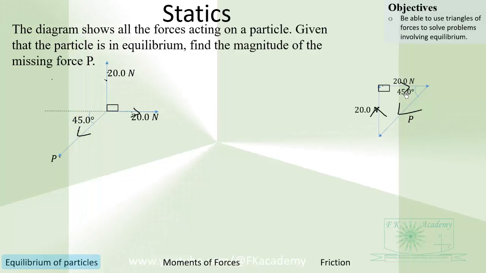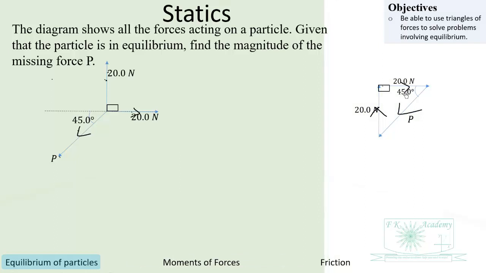Now, how do we calculate for the magnitude of the missing force P? Since the triangle here is a right angle triangle, we can use the cosine ratio to find the missing force.